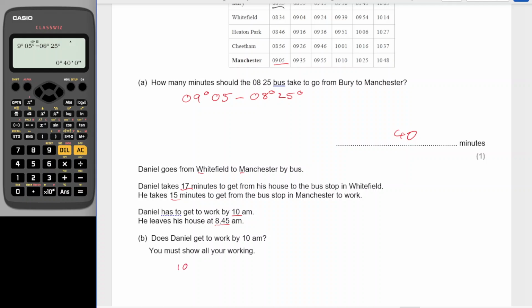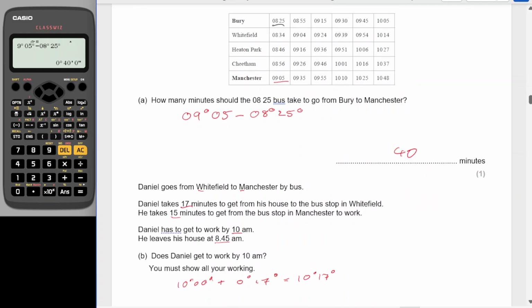So let's look at his journey. So we're going to go 10 hours plus the 17 minutes it takes for him to get to the bus stop. So that's where I'm going to start. So he gets to the bus stop at 10:17, and let's see what bus he would catch. 10:17 means that he will catch the last bus.